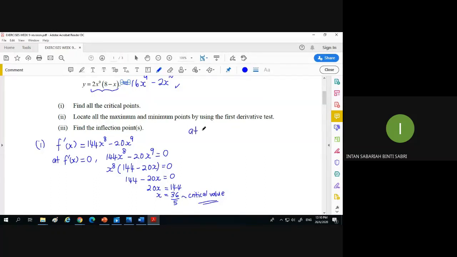So at x equal to 36 over 5, we have f(36/5) equal to 2 times (36/5) power of 9 times (8 minus 36/5). This is the same as 16 times (36/5) power of 9, minus 2 times (36/5) power of 10.